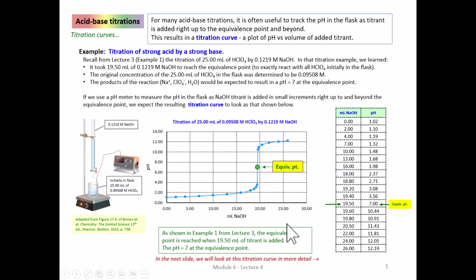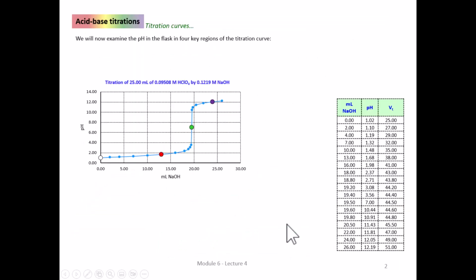Let's look at this titration curve in a little more detail. What we'll do is look at the pH in the flask at 4 key places in the titration curve. I call them regions. One of the things we'll do is add a column to our table which shows the total volume added.